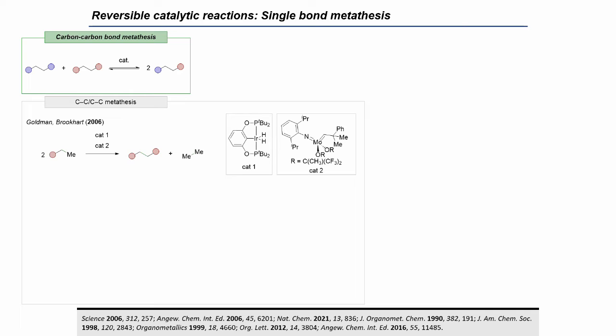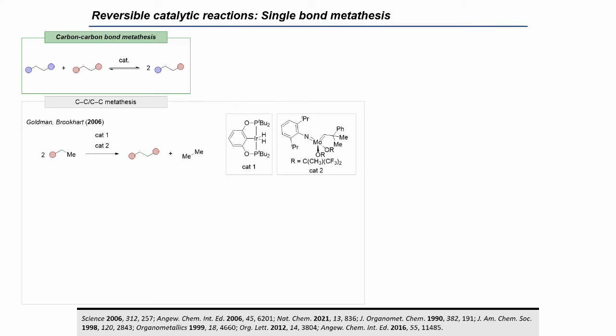a tandem approach relying on a transfer hydrogenation in combination with an alkene metathesis. In this iridium-molybdenum co-catalyzed process, the C-C single bond is transformed into a C=C double bond by transfer hydrogenation, and exchange of the substituents can be easily induced by an alkene metathesis.